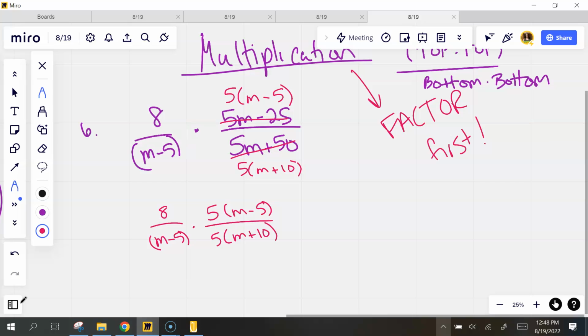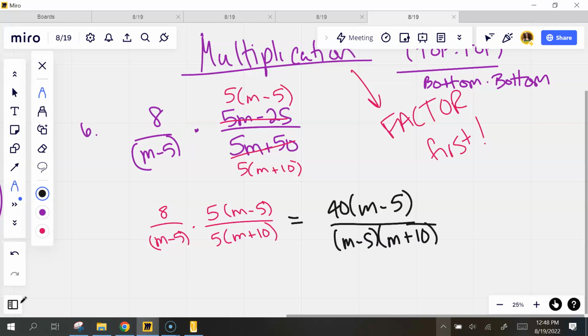So they should just count the questions you were here for. That would be fair though, right? Top times top and bottom times bottom. Don't worry. What? Why did I change colors? Is that what you said?